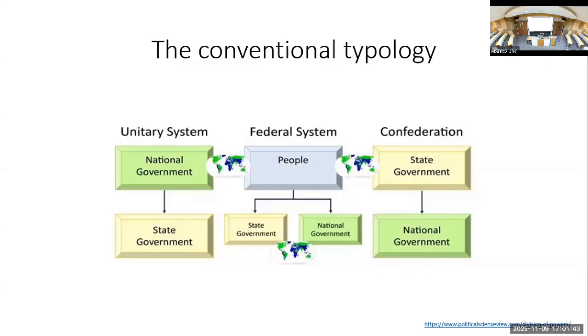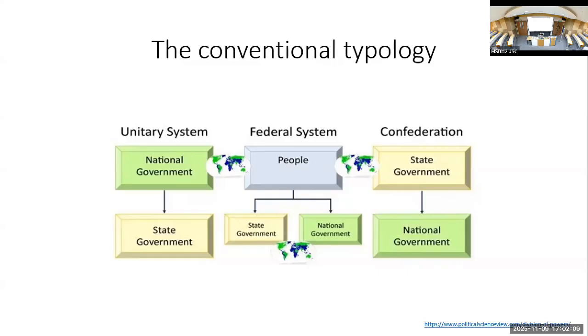On the other hand, if you go to the right, you see confederation. So the people here invest the sovereignty in the state government, and only then does the state government form a national government and pass some power to it. In reality today, we do not have a confederation at the nation-state level.